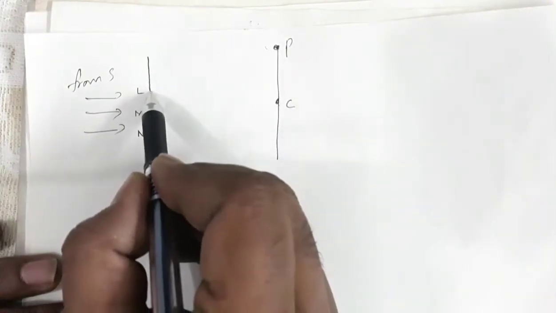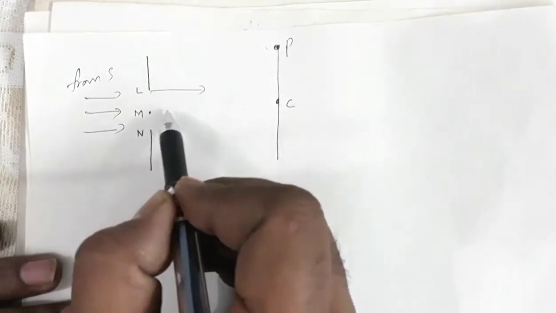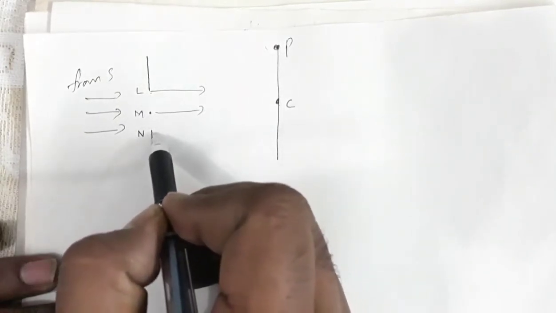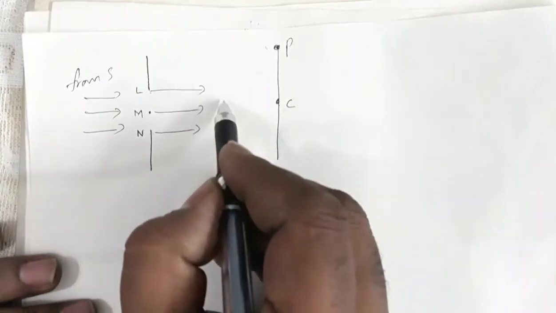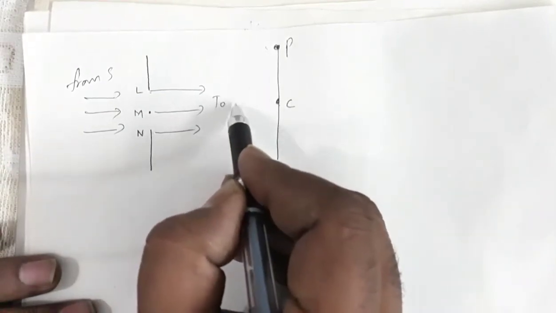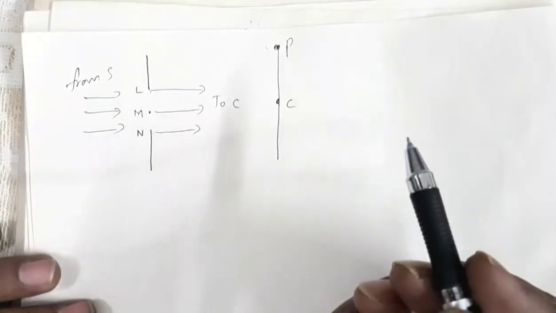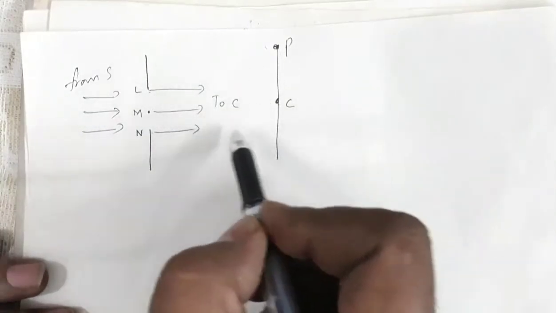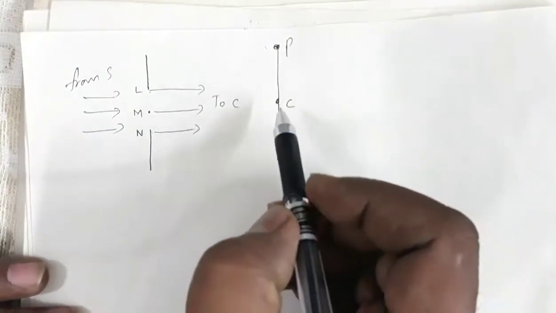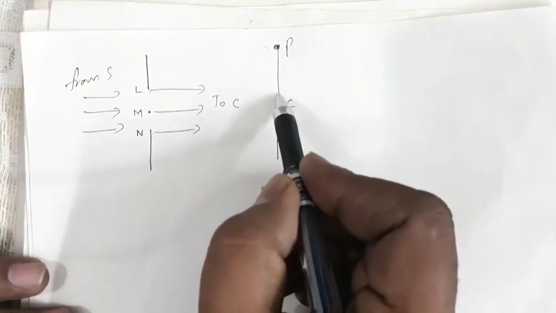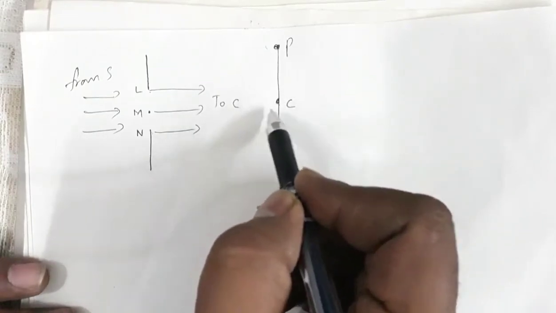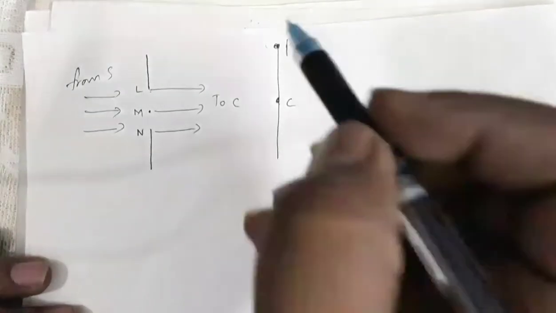Now the light rays traveling in this straight path towards C all have zero path difference, and it is for this reason that you have a central maxima in the diffraction pattern.